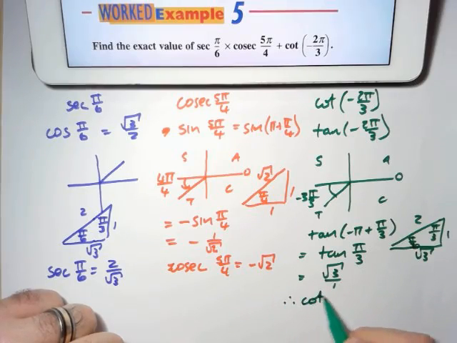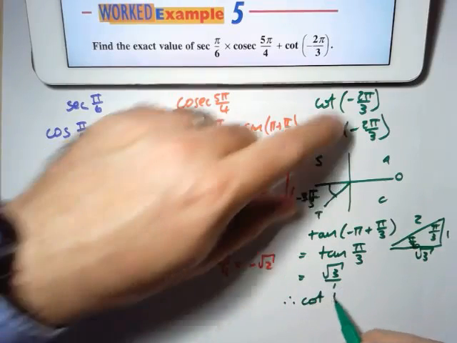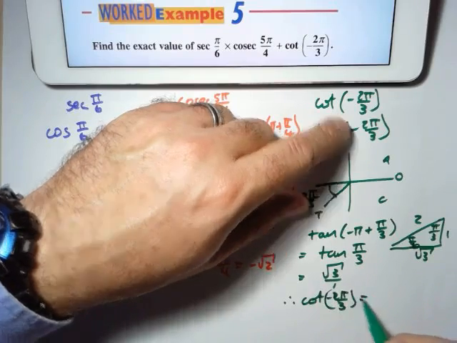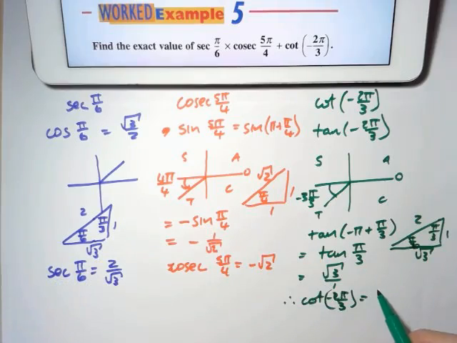Therefore, the cot of negative 2 pi over 3 equals the inverse of that, which is 1 over square root 3. Now I can apply this.